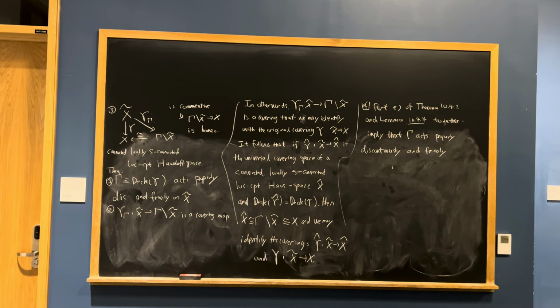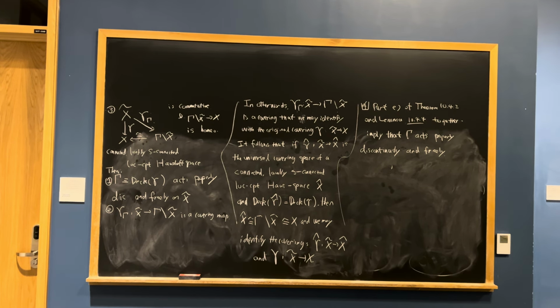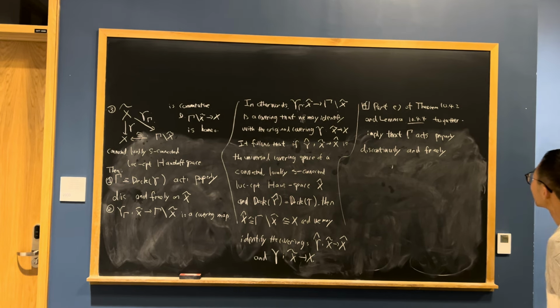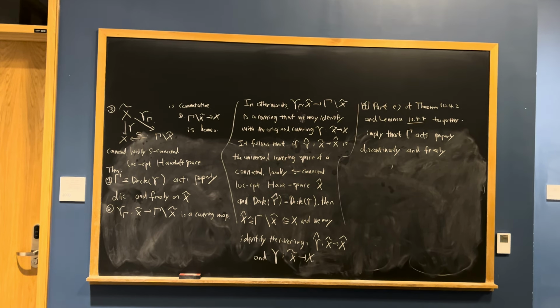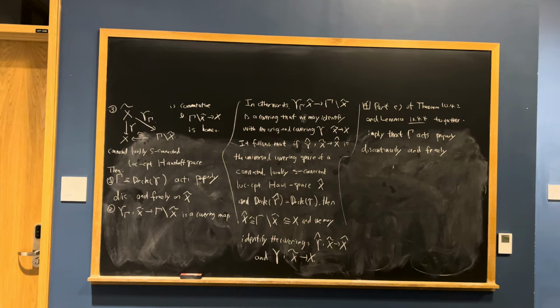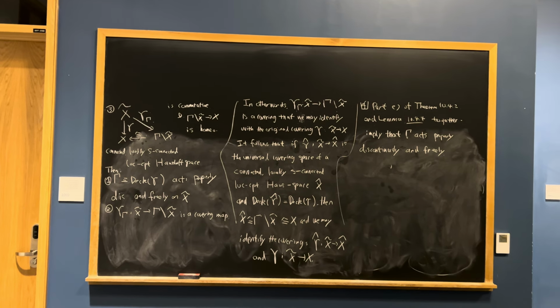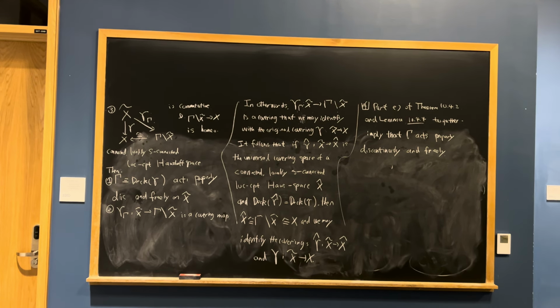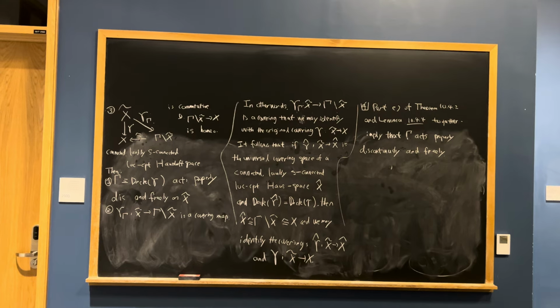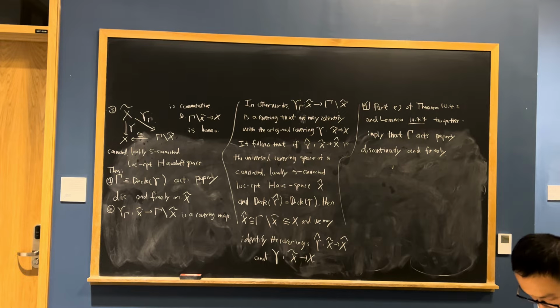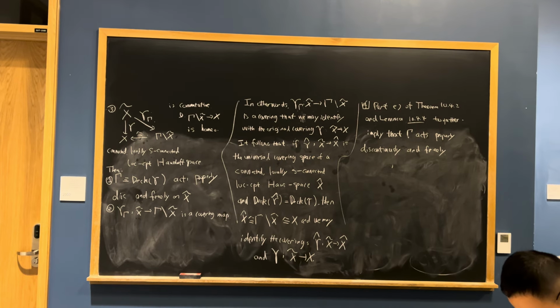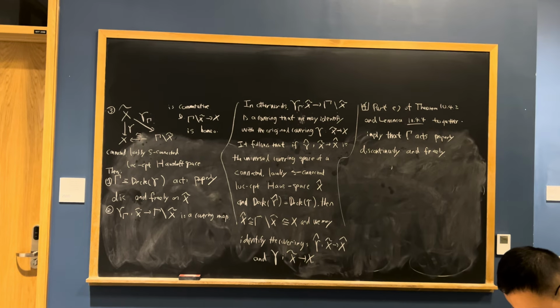What do you mean by part? Okay. So this gamma is the deck transformation group, right? So I want to show that this acts properly discontinuously and freely.